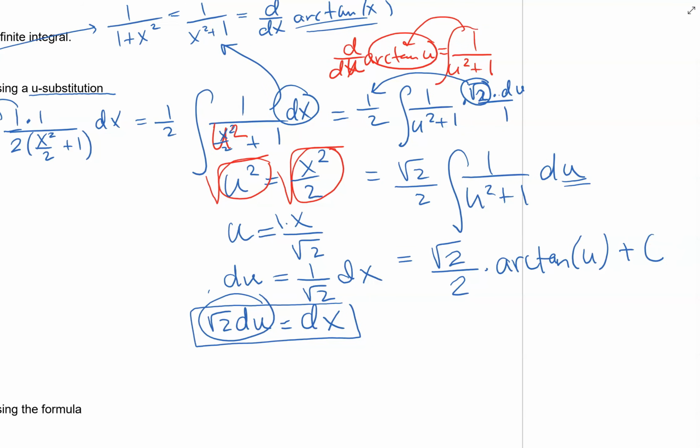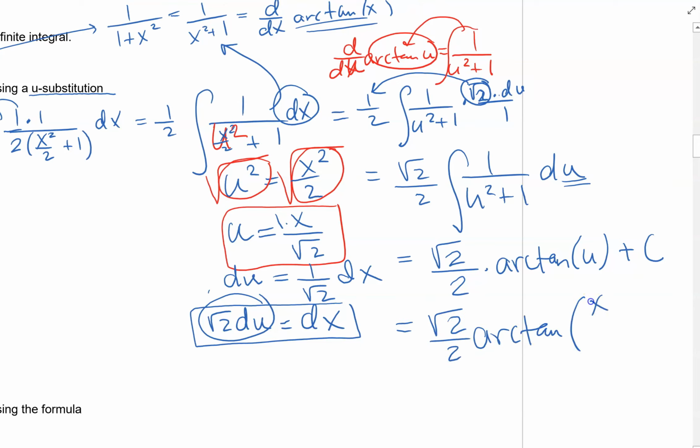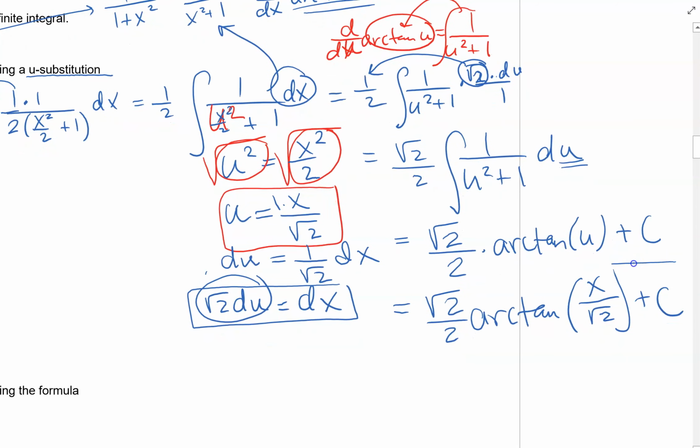But u, we had figured out earlier, was x divided by rad 2. So this would be rad 2 over 2 times arctangent of x divided by rad 2 plus a constant. So there's my answer using just a regular u substitution, not any sort of new formula.